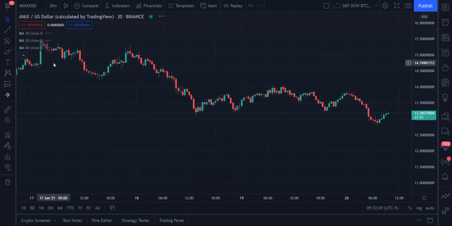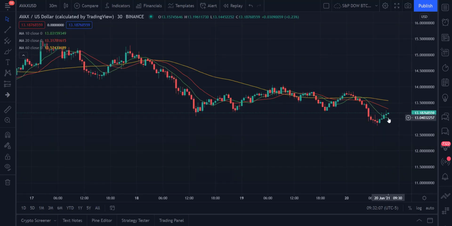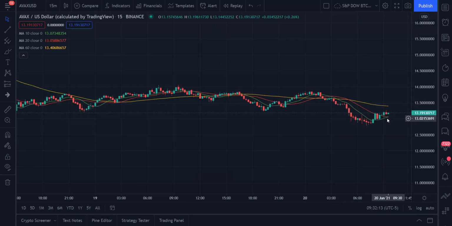The 30-minute is still bearish. And how about the 15? The 15-minute has our first sign of a crossover. As you can see, the 10 period is about 1.5 cents more than the 20 period. You can see that in the numerical values in the upper left hand corner of the video screen.